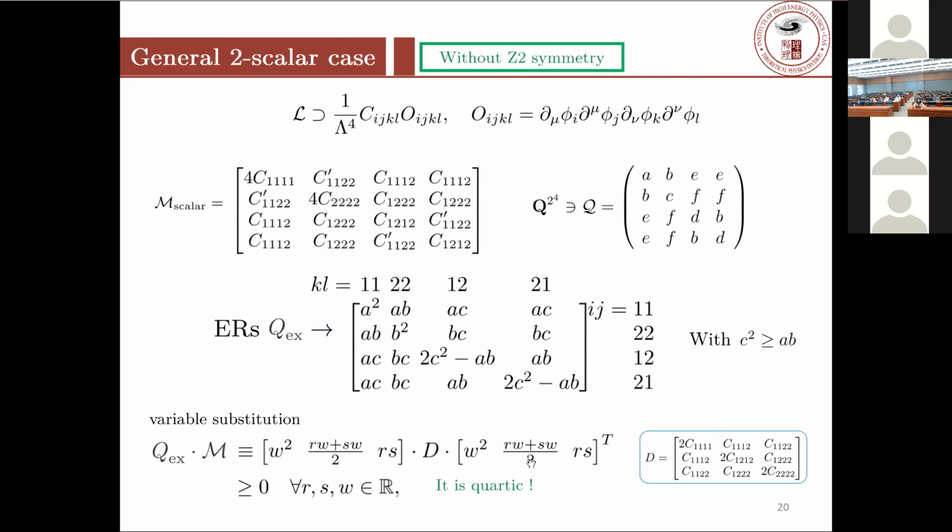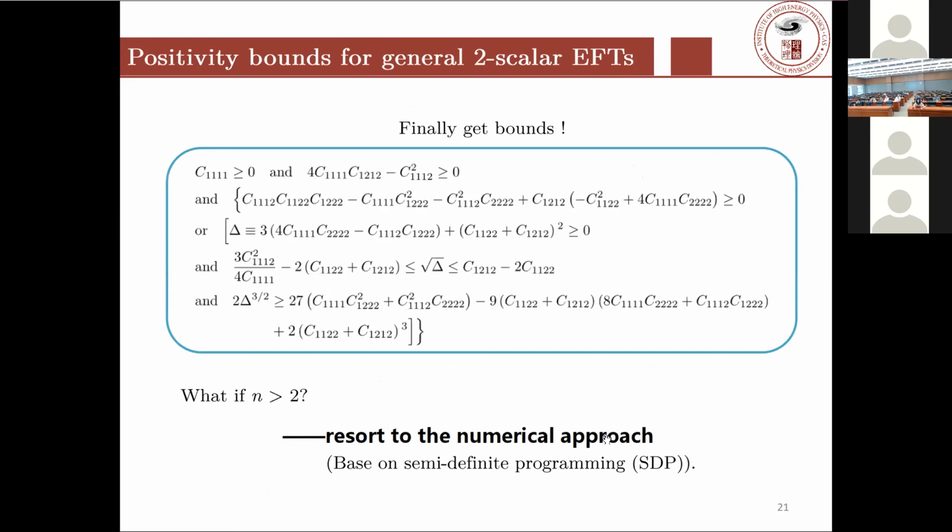I want to remind you that getting the bounds from this formula is a non-trivial problem and is related to the Hilbert series problems, but eventually we can find the bounds. Here are the bounds, and we can see they are very complicated. Although the problem has been solved, we still worry.